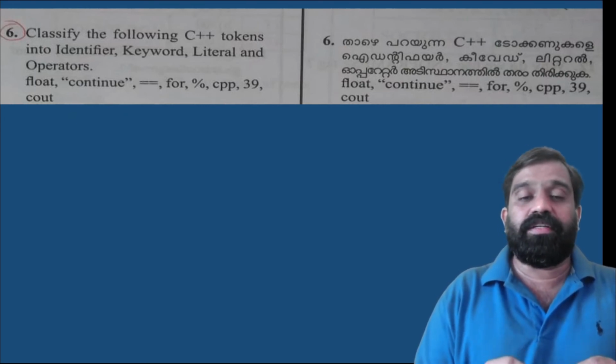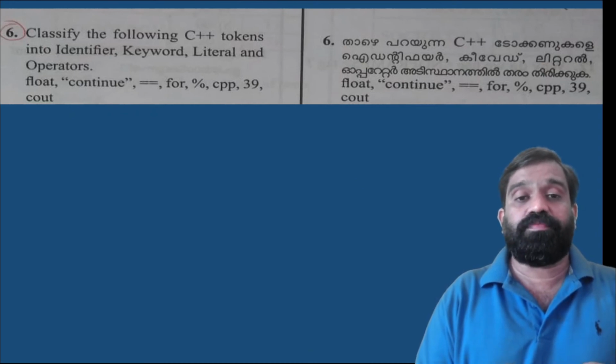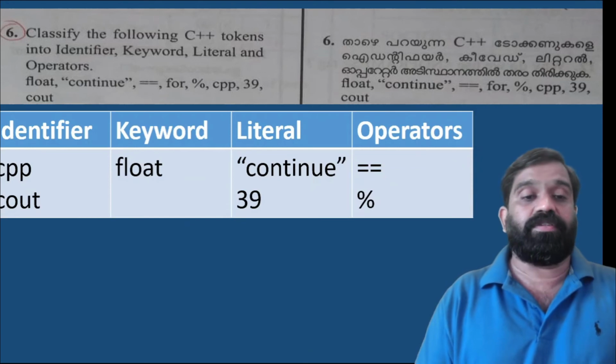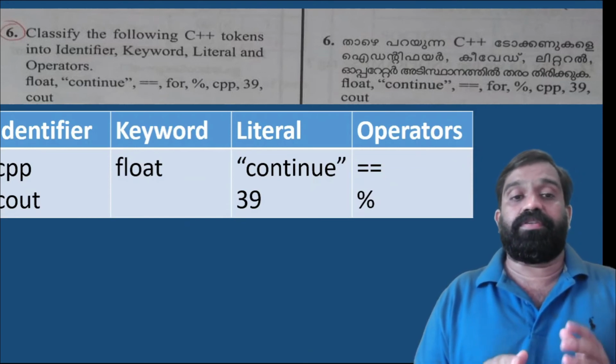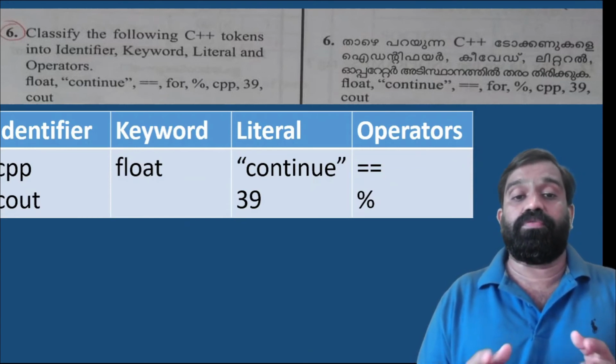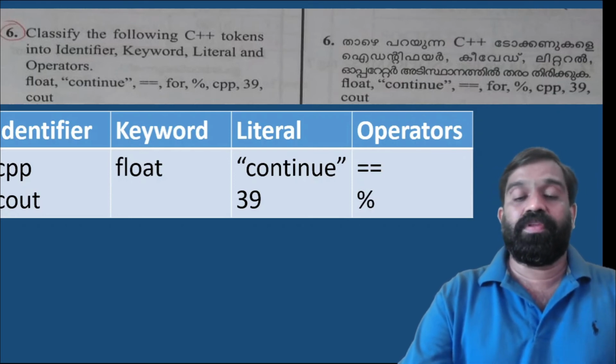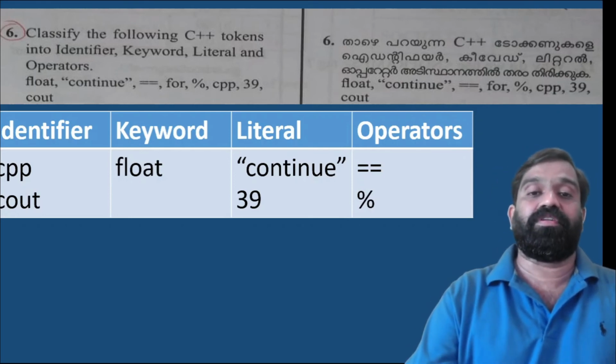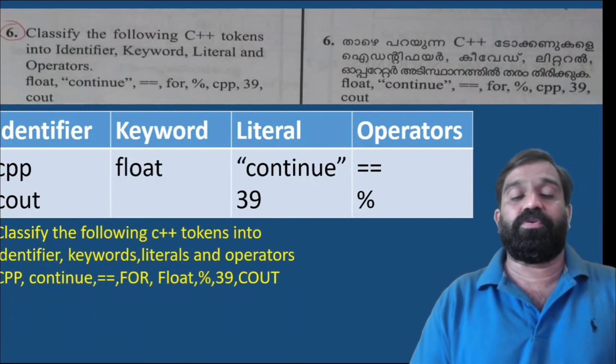So when we get a question this way, we have to prepare a table. Just see the answer. Identifiers: cpp and cout. Keyword: float. Literals: continue and 39. Operators are the comparison operator and the modulus operator. So when you get this type of question, you just refer to this question also.